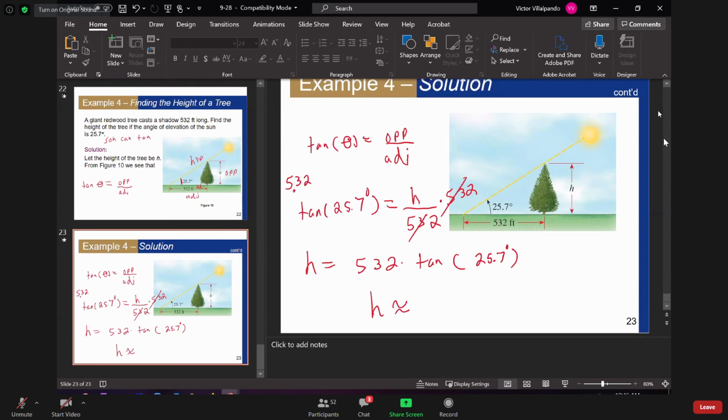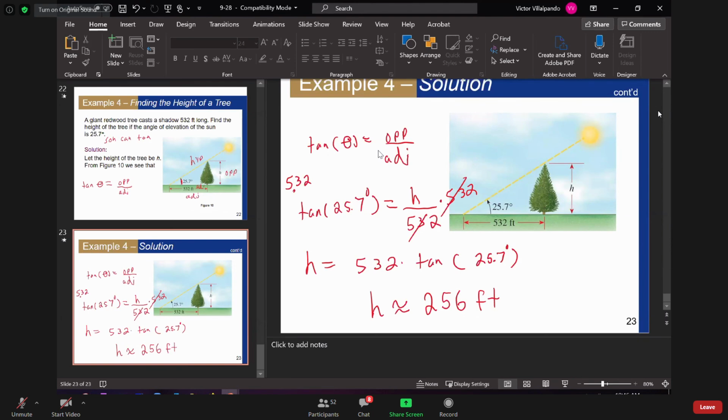Because if the tree was 2,304 feet, that would be a ridiculously high tree, right? I don't know what the tallest tree is, but 256, approximately to the nearest foot. And we deal with feet here in the United States. We'll use feet instead of meters, right? Yes, 256.